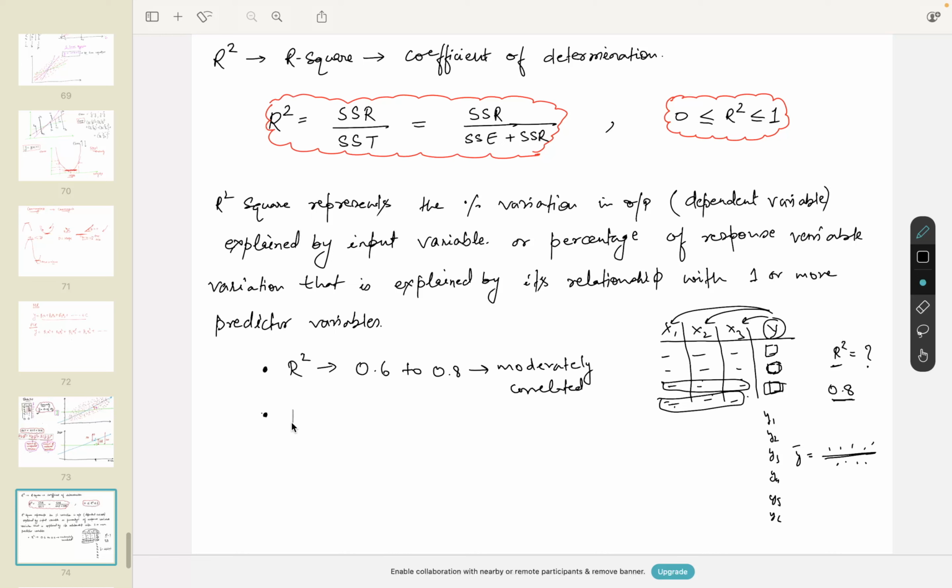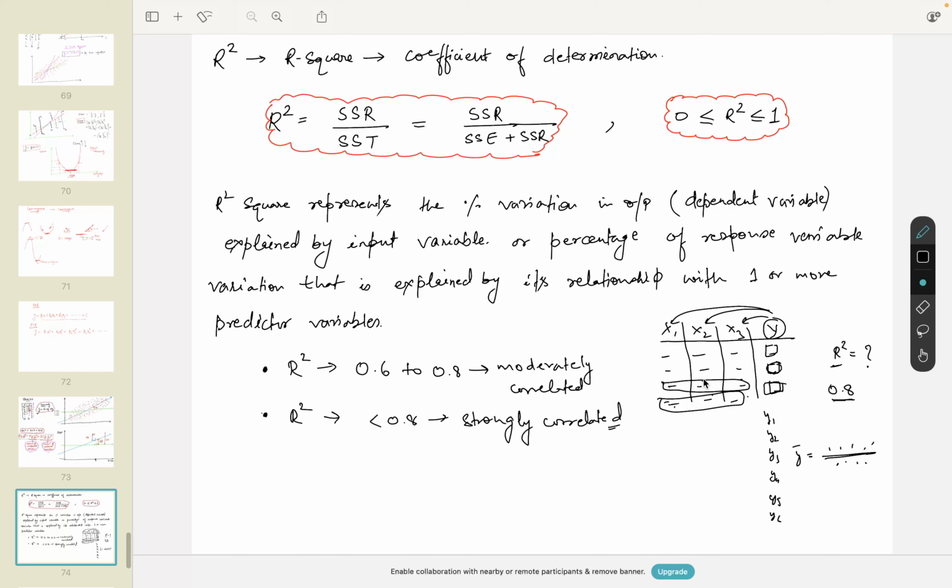That's totally different. It's r square. If r square is greater than, I can say, 0.8, then we say it is strongly correlated. Getting my point? Strongly correlated means it is strongly able to explain the variations of y with the independent variables. Able to understand? Very good.